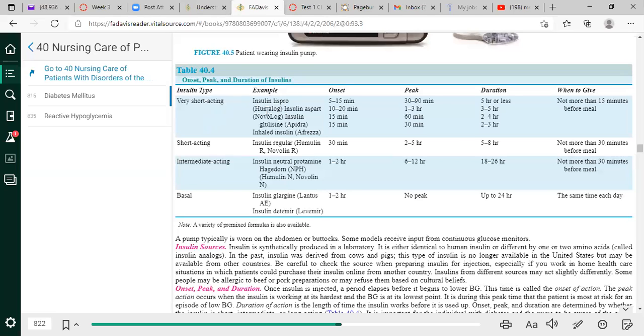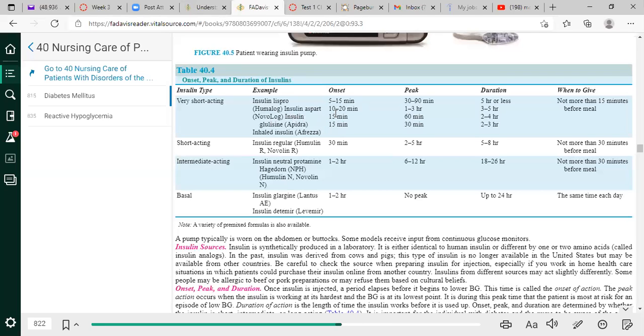Insulin Lispro, Humalog, Novolog: these are short-acting insulins with short onset times. How long does it take for it to start working? Insulin Lispro takes 5 to 15 minutes to start working. Humalog, 10 to 20 minutes. Novolog takes 15 minutes.